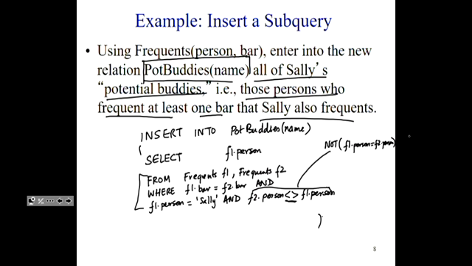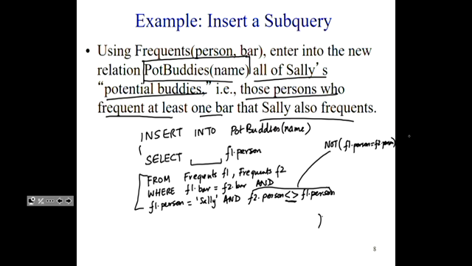So there's a small way we can improve this query. What would that way be? I've left a space here for that reason. Any suggestions? Distinct? Yeah, so the issue with the query so far is that a given person might frequent multiple bars that Sally also frequents, and so this person would be repeated as many times as the number of bars that they frequent along with Sally, which is not desired.